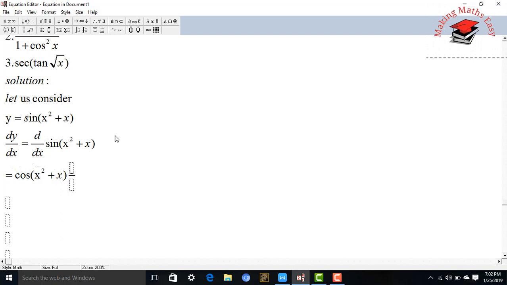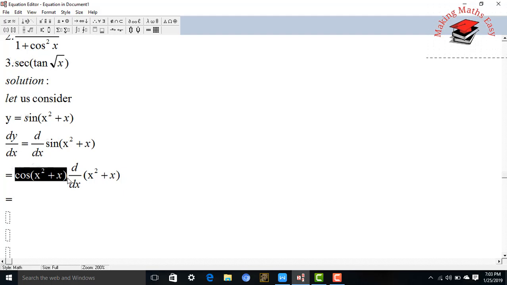If I am differentiating something with a power, first I differentiate the power and then that particular variable. So this will be d upon dx into the differentiation of x square plus x.